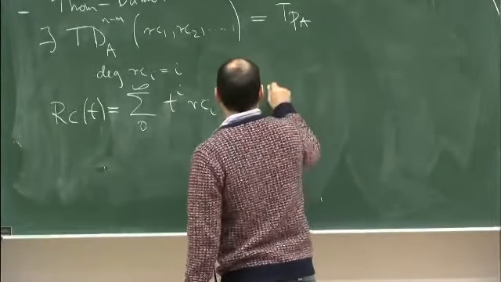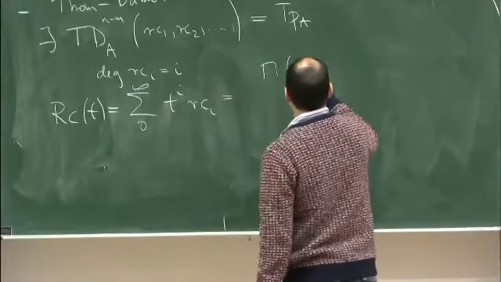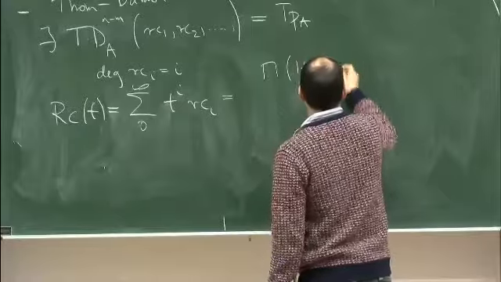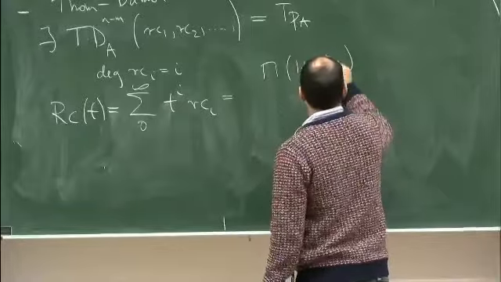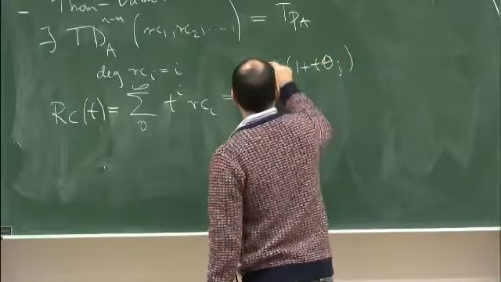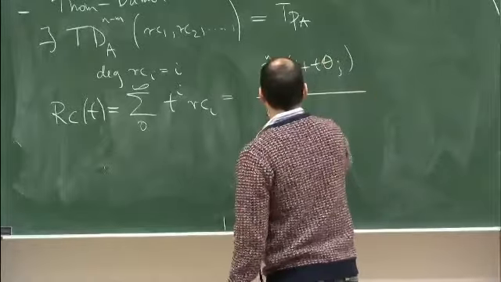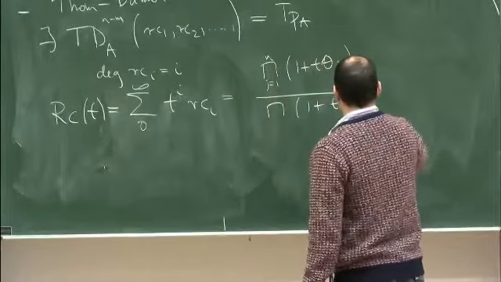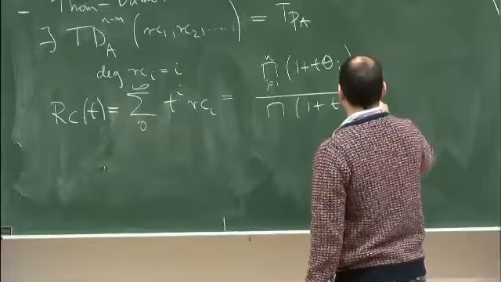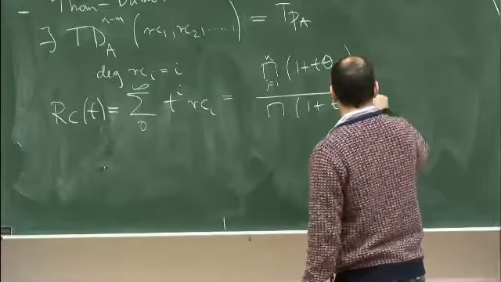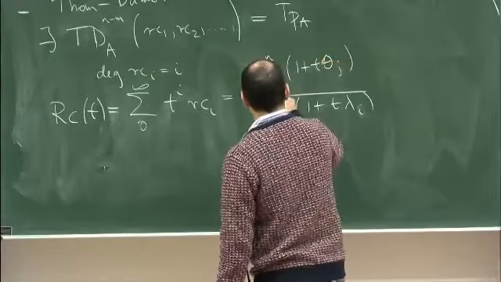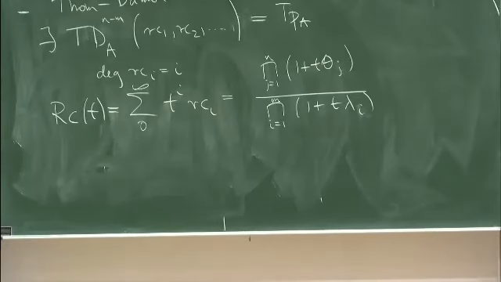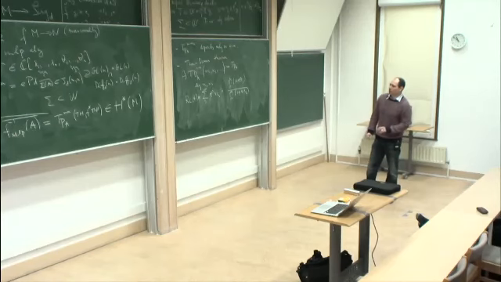And this is just the product of 1 plus t theta j, j going from 1 to n, divided by the product of 1 plus t lambda, I don't know, m. No, now I will run out of letters. Well, I'll use i again, i going from 1 to m. Okay, so it's topology converted into simple algebra.